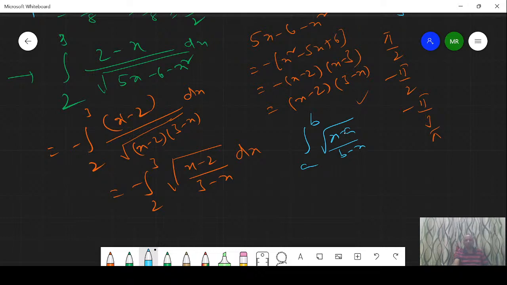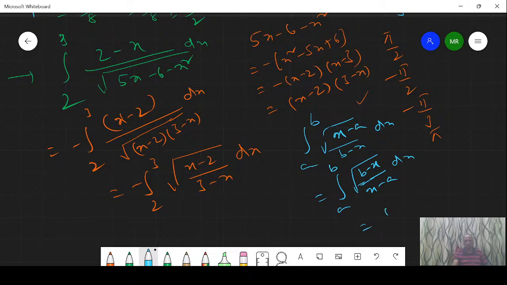The concept is important here. Integral a to b of root of x minus a by b minus x dx is also equal to integral a to b of root of b minus x by x minus a dx.